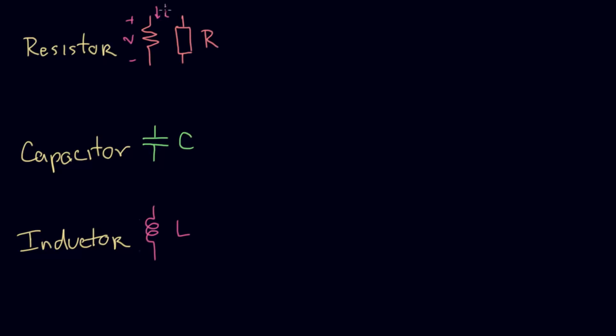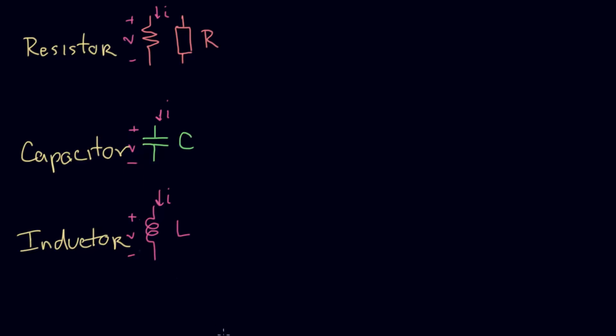I'll just label a little I there, and we'll do it on all these. The current goes into the positive terminal, so that's V on the capacitor, and finally the inductor, and the current goes in. And we're going to be very consistent about this, and that's going to keep us from making mistakes.